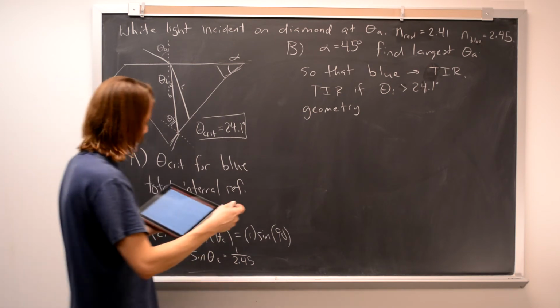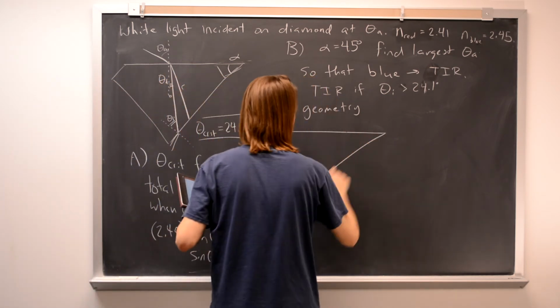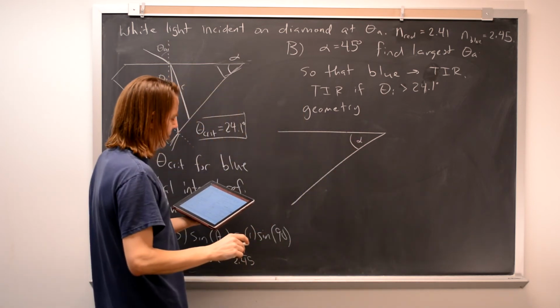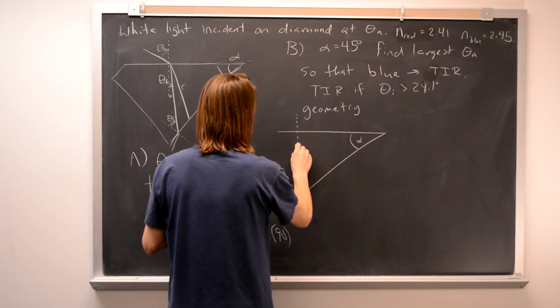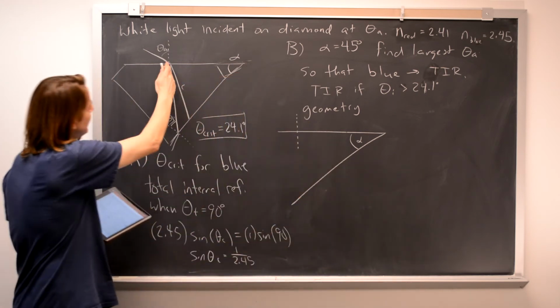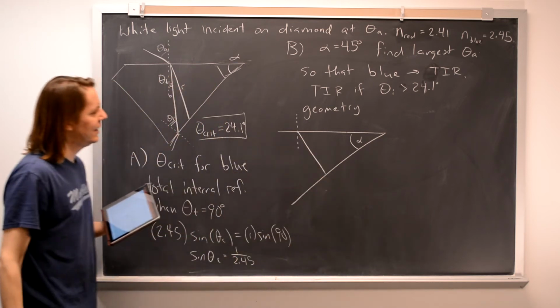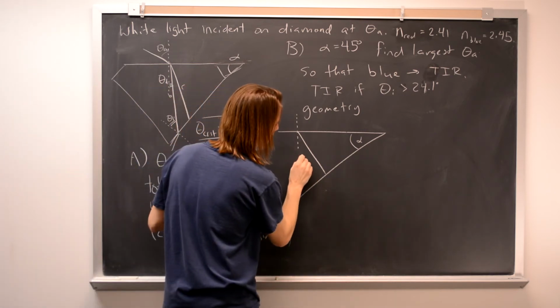So let me draw this thing again here, but bigger. So there's alpha. And our problem is we have a normal here, like that. And we have light coming down like that. And then we have a normal here.